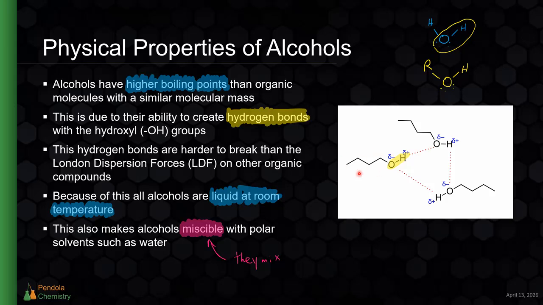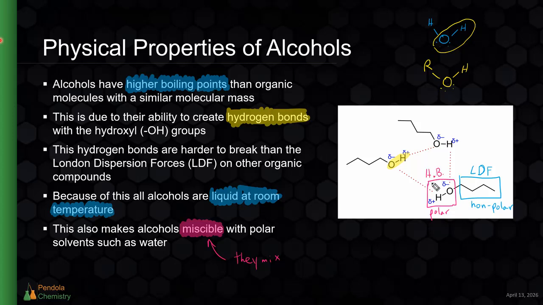Now, the bigger sections of the alcohol are going to have London dispersion forces. So especially with organic compounds in general, we have to segment the molecules. The long carbon chain, and the longer it gets, the worse it's going to be, gives us London dispersion forces and a nonpolar portion. Whereas the OH bond in the alcohol, the hydroxyl group, gives us a polar portion, which provides hydrogen bonding.